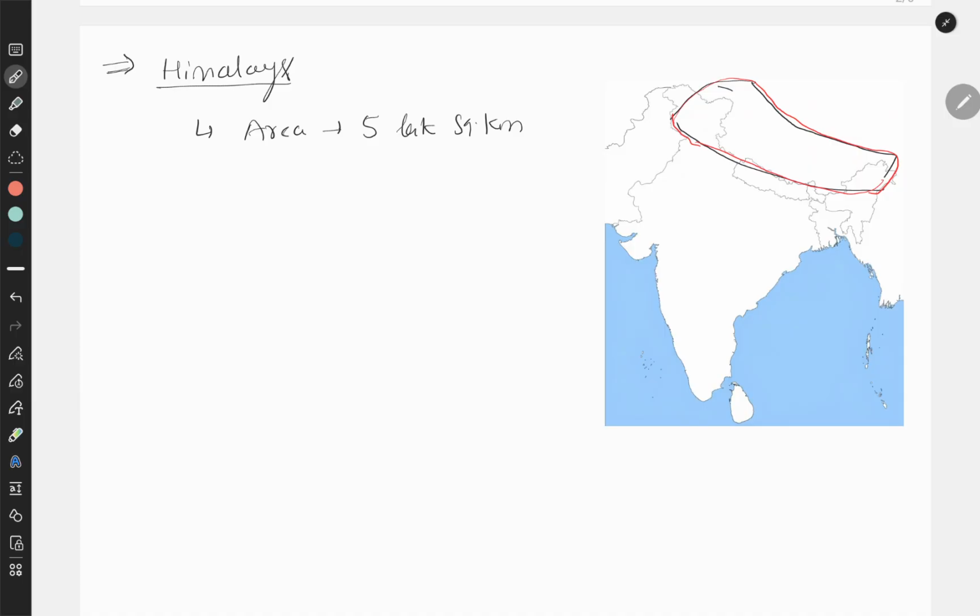The total length of the Himalayas is around 2400 kilometers.